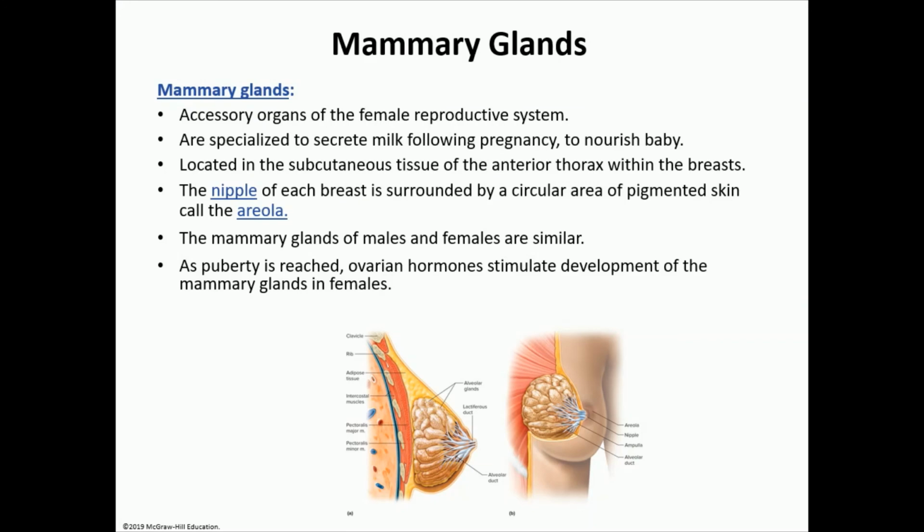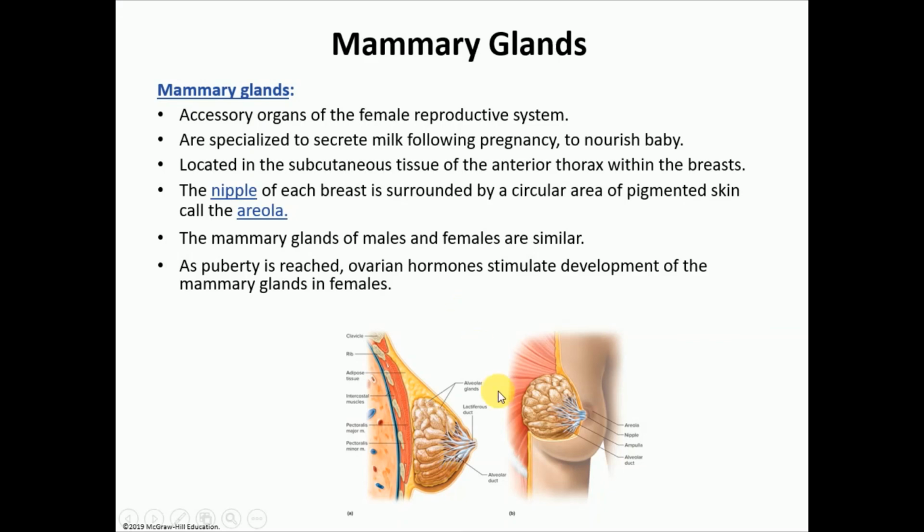Now, a little bit about the mammary glands, and those are part of the accessory organs in the female reproductive system, although the glands are found in males as well, but because of the lack of estrogen and progesterone, they are not enlarged, but they do enlarge in females due to the presence of these female sex hormones.